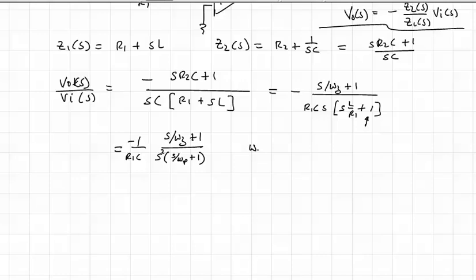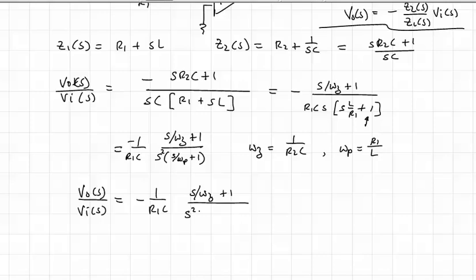So here we have to define omega Z. So omega Z is 1 over R2C, and omega P is equal to R1 over L. But I think I'll just leave it like this as a 1 over R1C.